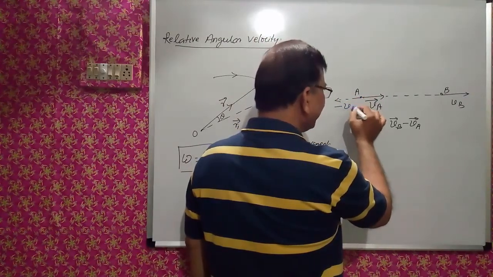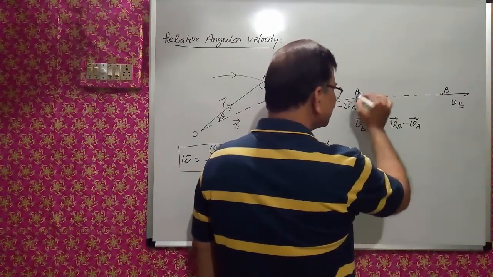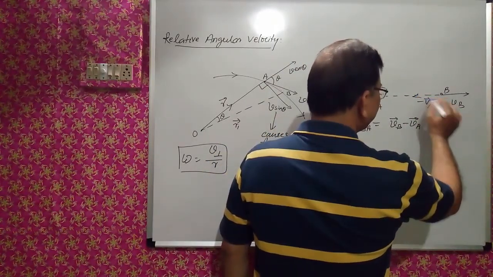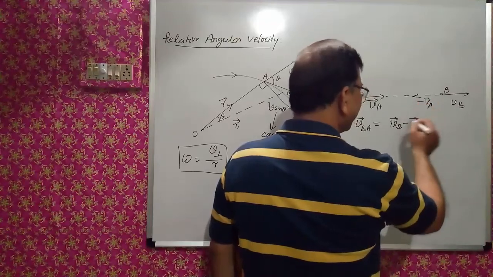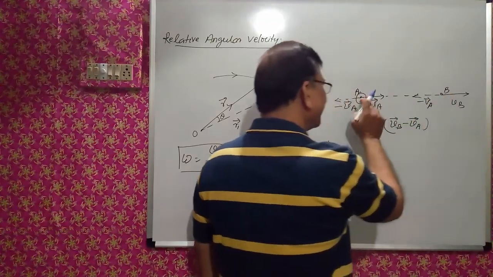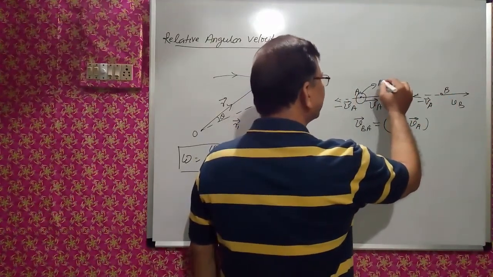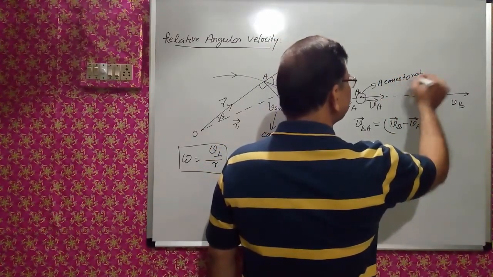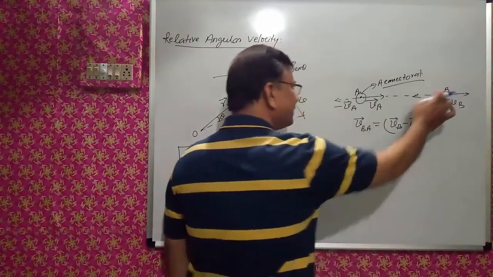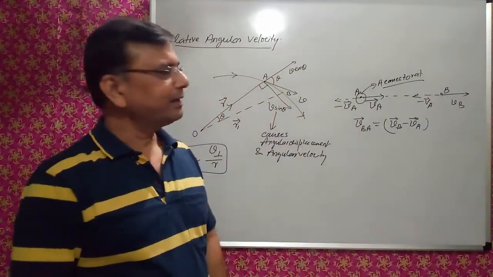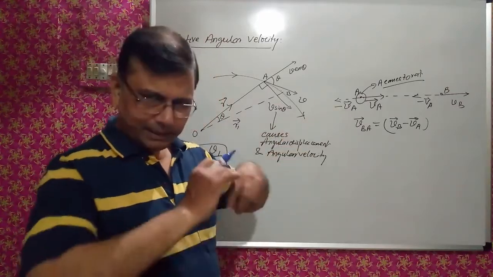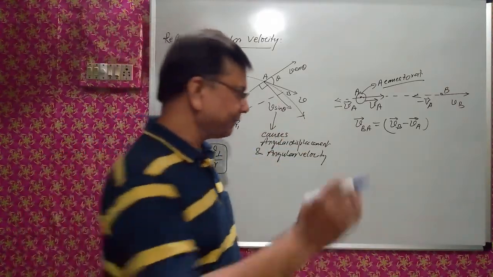So minus VA we do over here, then it comes to rest. Then minus VA we write over here. The VB minus VA is the net velocity of B when A comes to rest. Then whatever velocity of B is observed, that is called the velocity of B with respect to A.